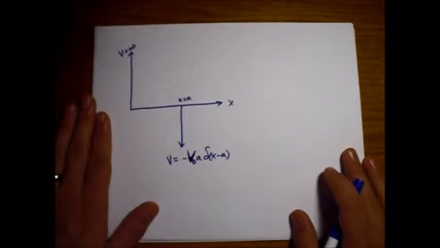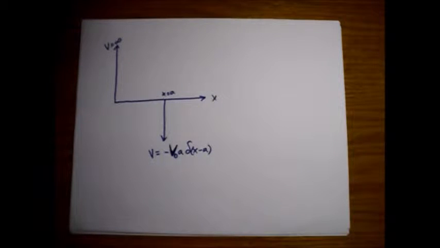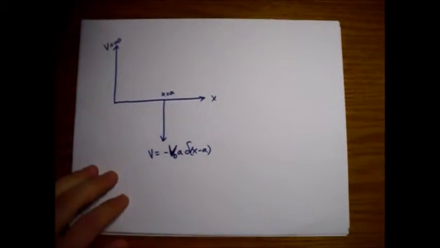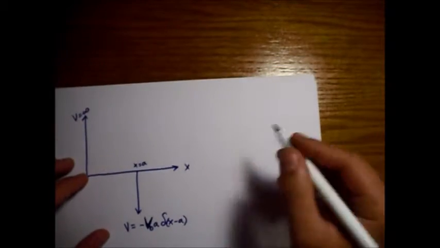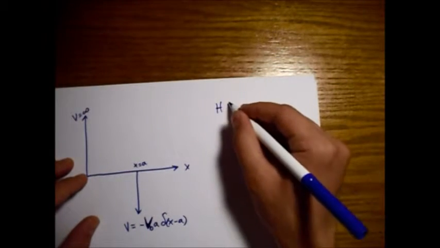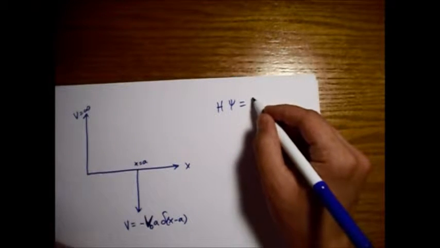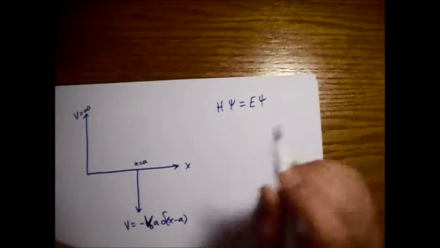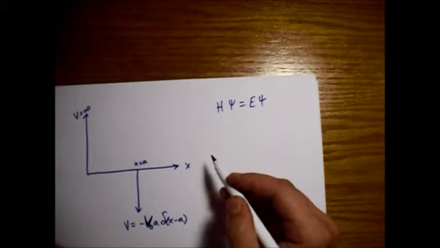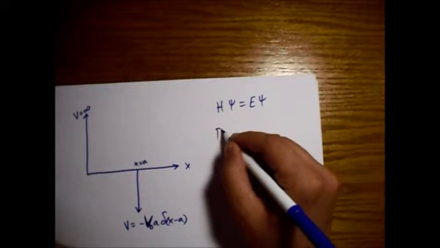Alright, we probably should start with the Schrodinger equation. Here we go, this is the time-independent Schrodinger equation. Our Hamiltonian multiplied by a wave function will give us the energy multiplied by the wave function.